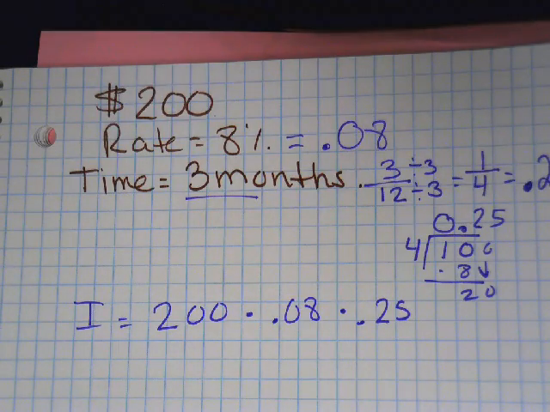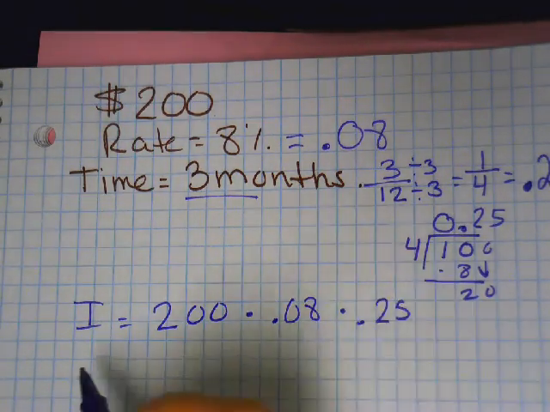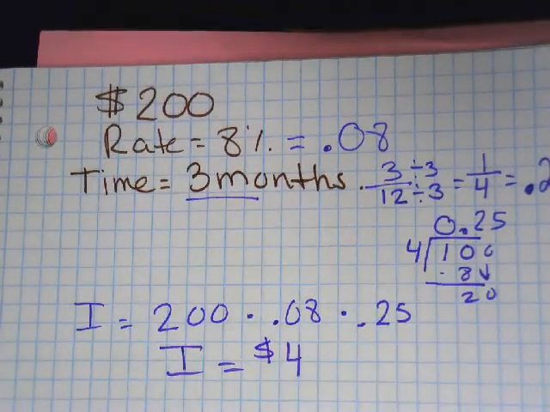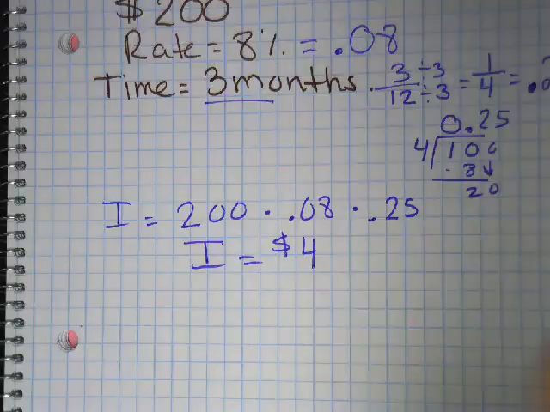So when you type all of this in, interest is equal to $4. Okay, cool. But how much is my friend going to pay me back in total?